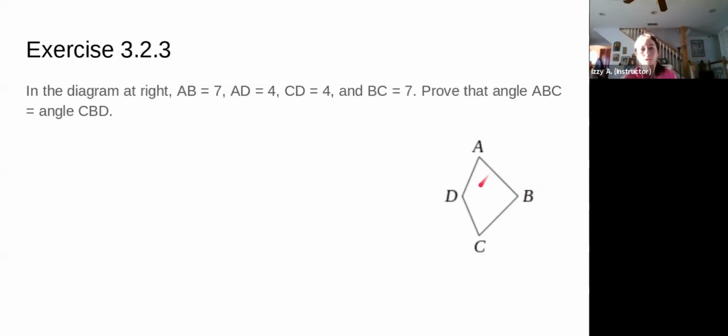So then, if we know that they're congruent, then we can say that angle ABC is congruent. Oh, I meant to write ABD. Sorry about that. Angle ABD. We're trying to prove that angle ABD is congruent to CBD. My apologies, not ABC to CBD.